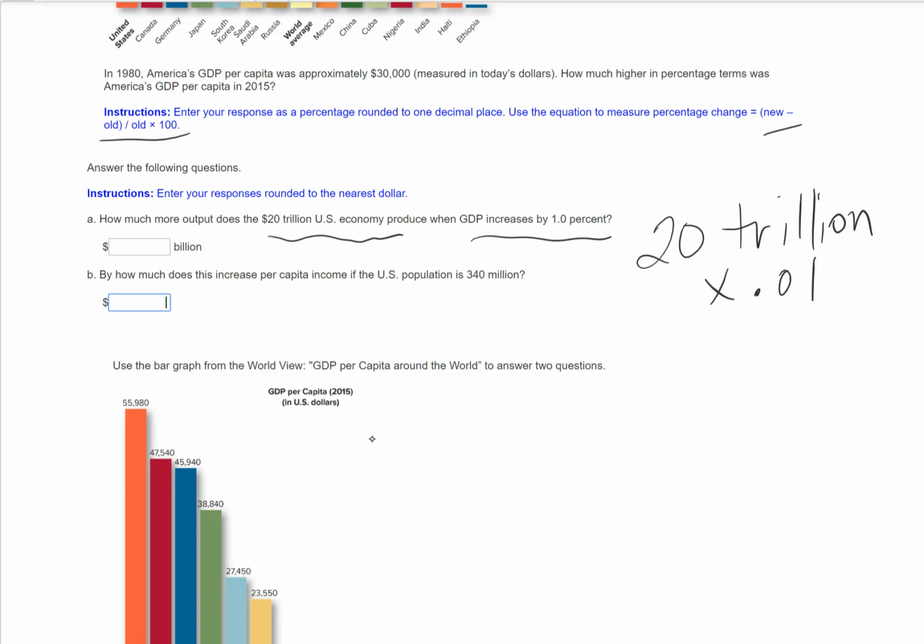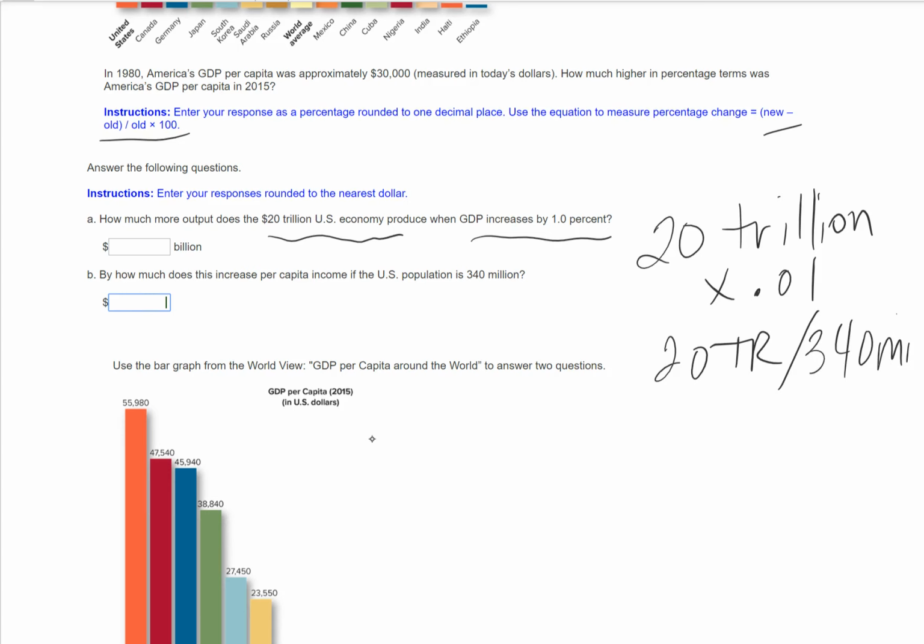The other part of this, a little bit trickier, is it says how much does this increase per capita income if the population is 340. So they're asking you to kind of do a couple of calculations here. And if you just keep everything organized, you can follow the steps. You'll take your 20 trillion, and to get per capita, remember we divide by 340 million.